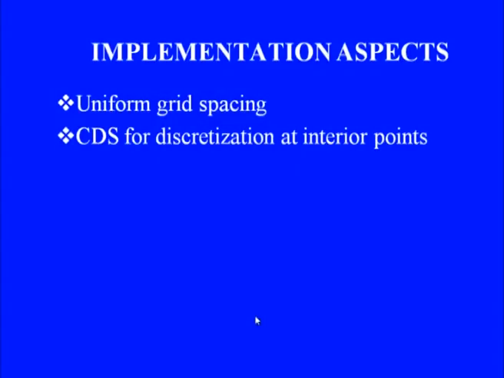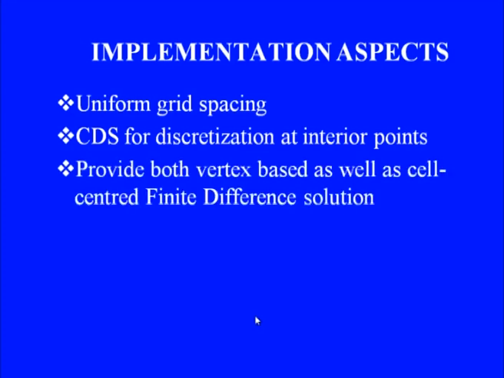And now in our implementation, the example which we are taking up in the class, we would consider a uniform grid spacing. Extension to non-uniform grid spacings would be fairly trivial and would be left as an extension exercise to you. And we will focus on central difference scheme for discretization of our governing equation. We have got a second order derivative, so use CDS for discretization at interior points.